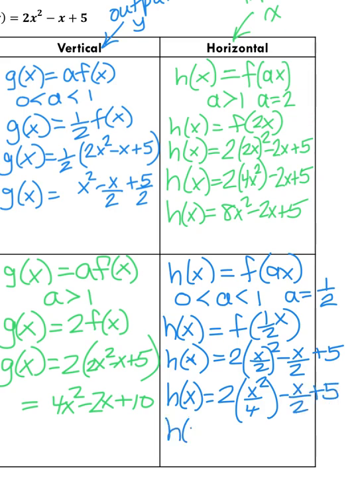And finally, my last simplification, 2x squared over 4 is the same thing as x squared over 2. So I've got x squared over 2 minus x over 2 plus 5 is my new transformed function.